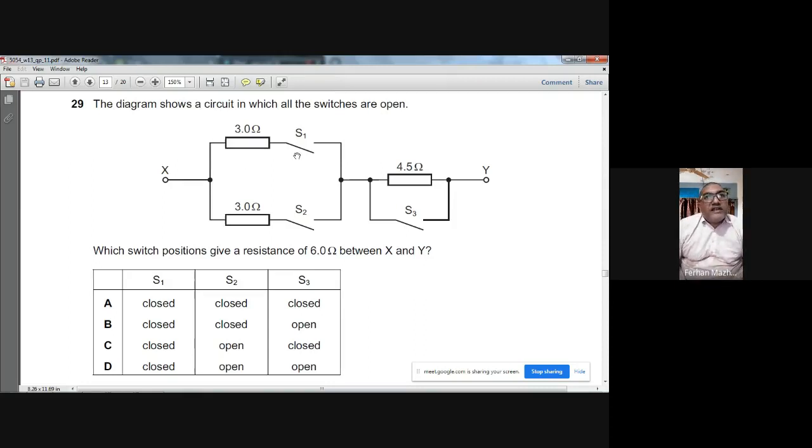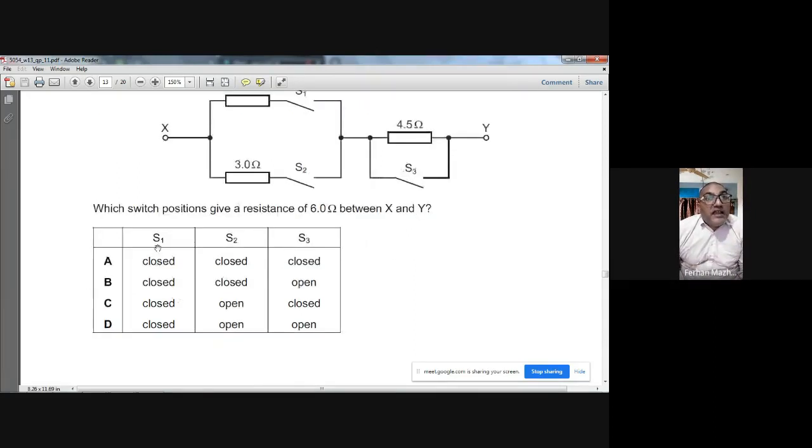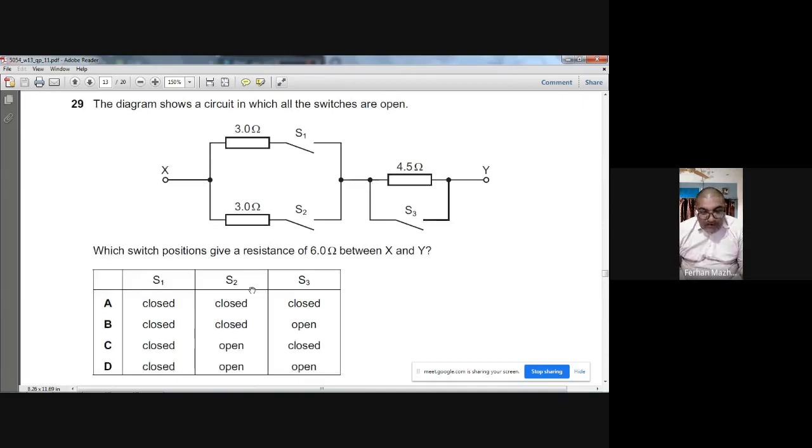Applying that formula, you can calculate it. So close switch 1 and switch 2. If I connect this with this combination, this will be 4.5 and this will be 1.5. The total will be 6. So keep S3 open and close S1 and S2. So the choice is B.